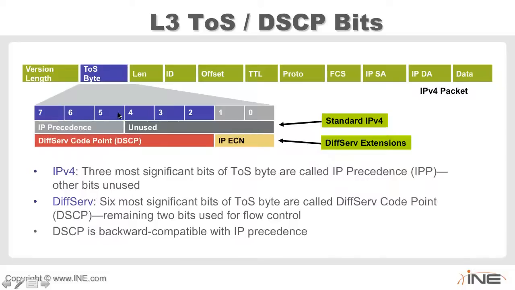So it's got the AF4. And then I'm going to only use these two bits, 4 and 3, for my actual drop probability. This bit 2 here is used for low latency. Okay, low latency.